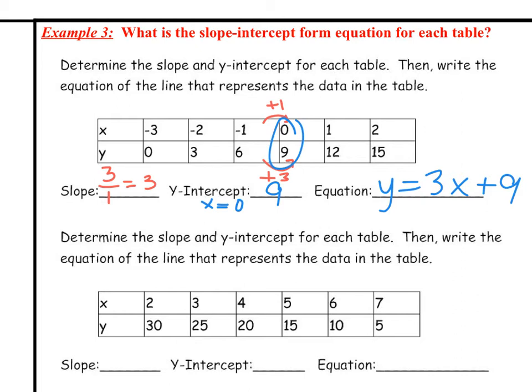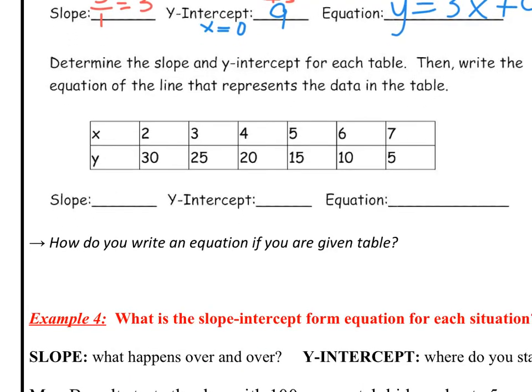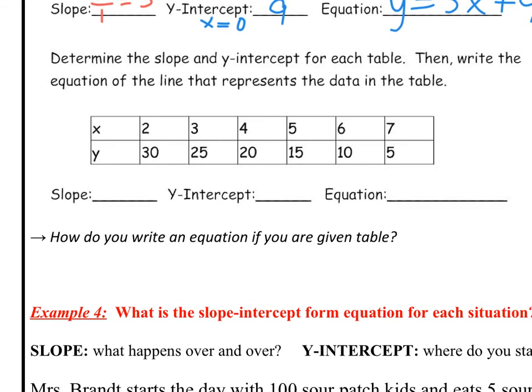Could you please try the second one. Well, actually, we're going to do that one together because it's a little weird. Okay, slope for this one goes -5 and then +1.